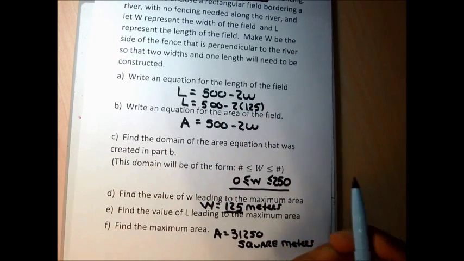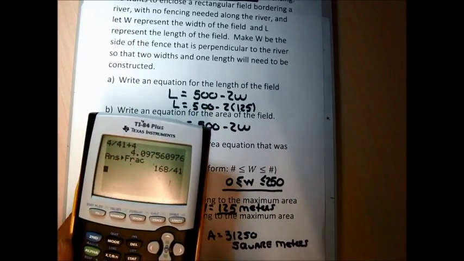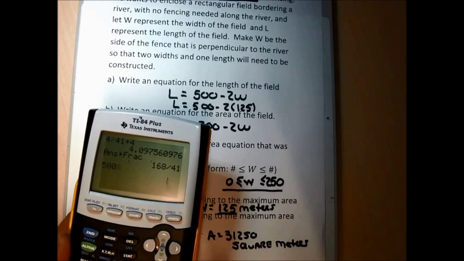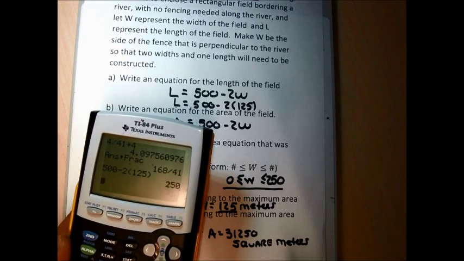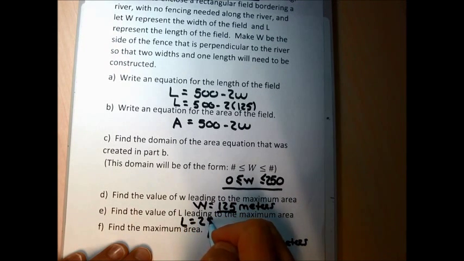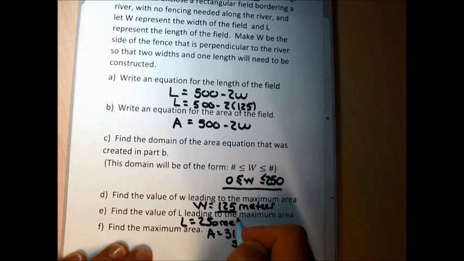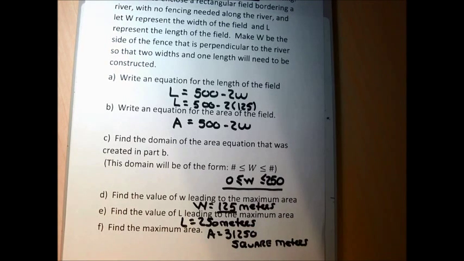That I can do from the main screen in my calculator, or I can do it in my head. So second quit, 500 minus 2 times 125, and you get 250. So L is going to be 250 meters. You can abbreviate meters if you care to. So that's everything for part D.